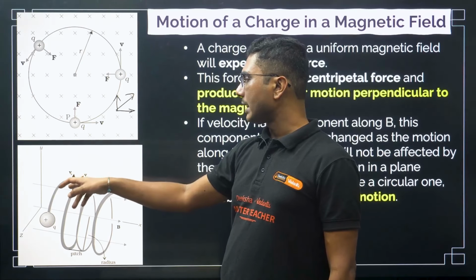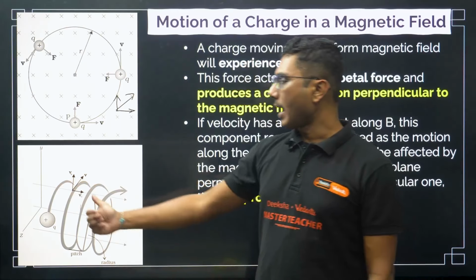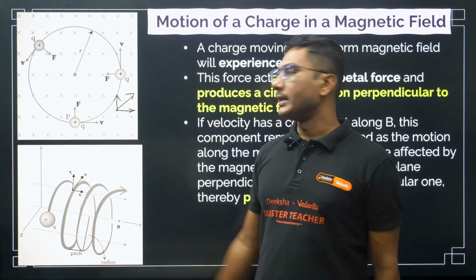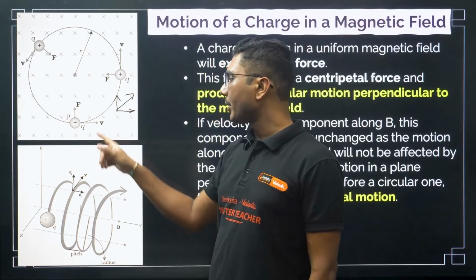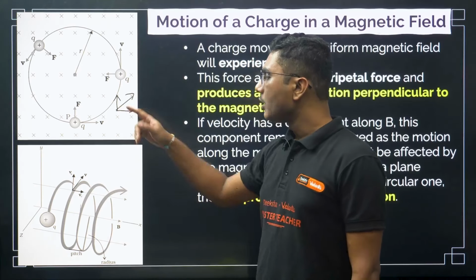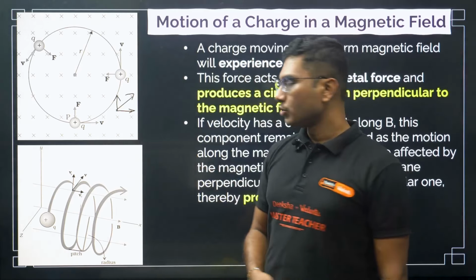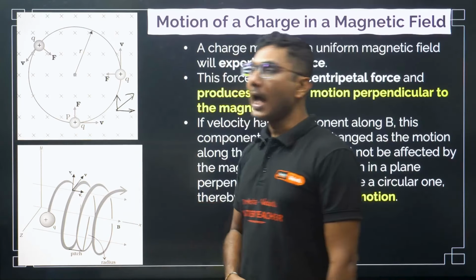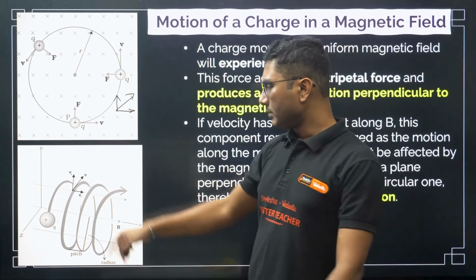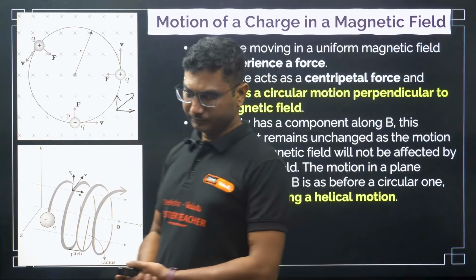A perpendicular component is there and a parallel component is there. Now the parallel component will take it in the forward direction, whereas the perpendicular component will try to make it rotate in a circular path. So both motions will happen together, and this motion is called helical motion.